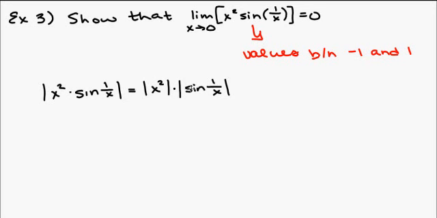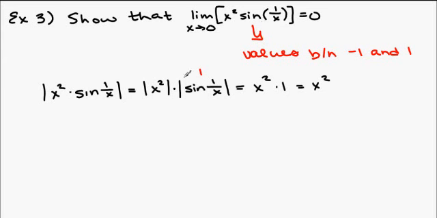And since sine is always between -1 and 1, the biggest number that its absolute value will ever be is 1. Therefore, this is at most x squared times 1, or x squared. So this gives you the upper bound of this function.